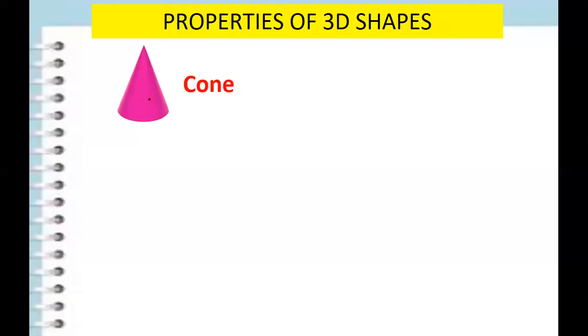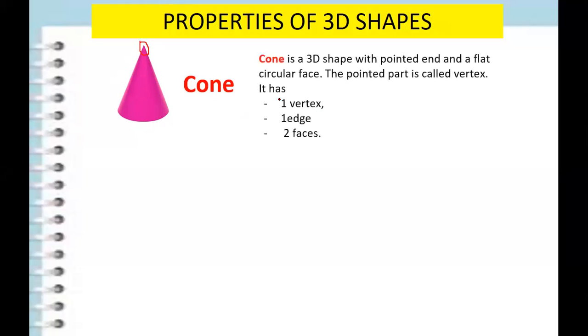Okay, how about the cone? The cone has one vertex, and we have one curved face and one flat face. So we have one vertex, one edge, and 2 faces. Why is it 2 faces? Because one curved face and one flat face, so that is 2. Cylinder, how many?